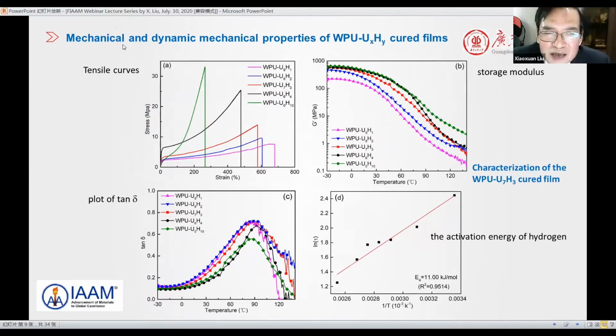We also study the mechanical and dynamic mechanical properties of the PUFQs. This is the plot of the tan delta. This is the activation energy of the hydrogen bonds.